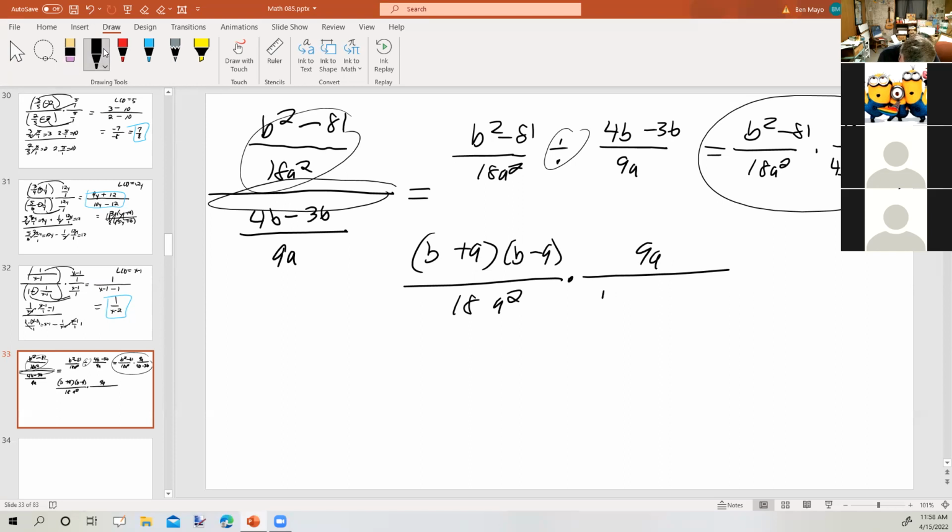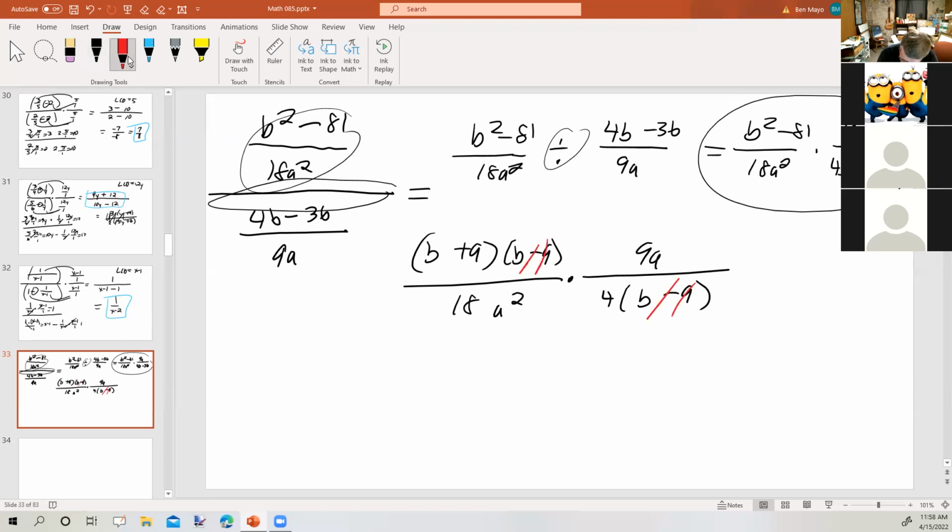So we're going to take out a 4 and have a b minus 9. And this is an a squared. Why do they put 9s and a's in the same problem? I don't. Okay, here we go.